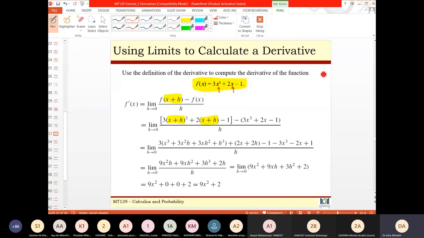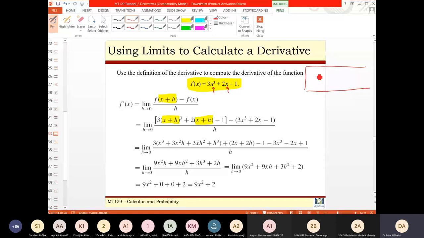I need to know how to raise it to a power 3. I'm always telling you to keep a note of those important rules. In general, if I have a plus b to the power 3, it's a to the power 3 plus 3a squared b plus 3a b squared plus b to the power 3.